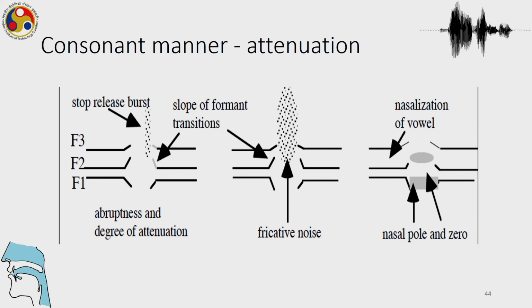So that is another big cue for fricatives. And for nasals, nasalization of the vowel, and again the nasal pole, is a significant cue. And the other important cues are the slope of the formant transitions, again also for manner. Manner cues could also be expressed with the slope of formant transitions.